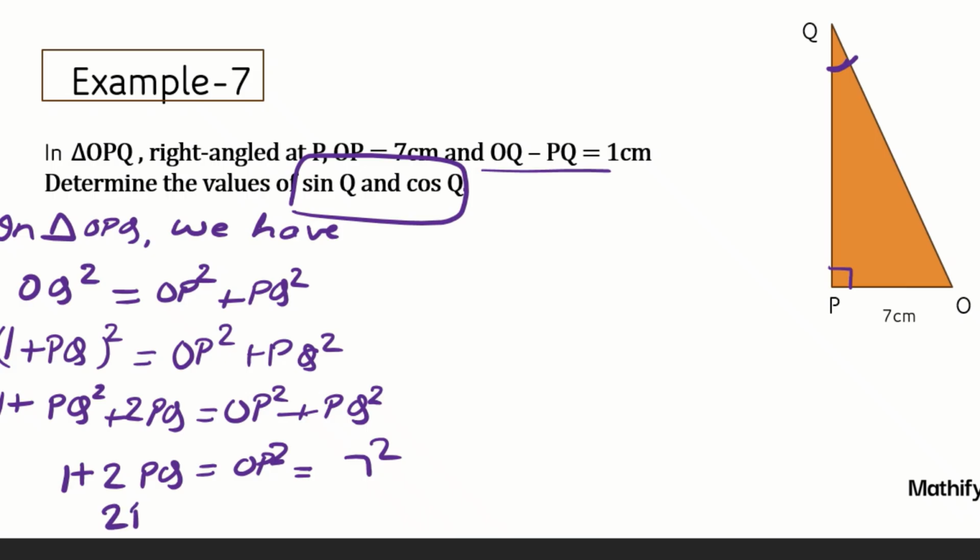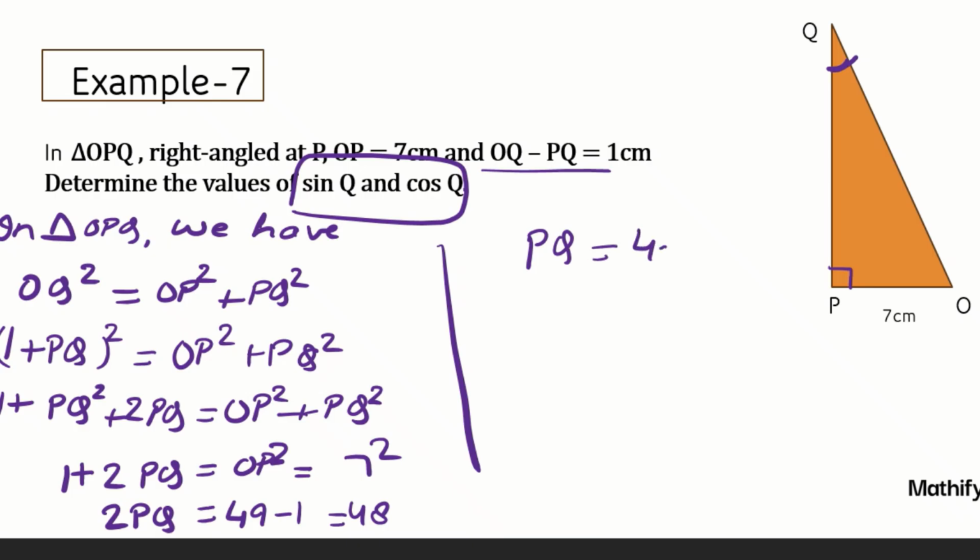So 2PQ is 7 square, 49, minus 1, that is 48. So PQ will be equal to 48 over 2, that is 24 centimeter.